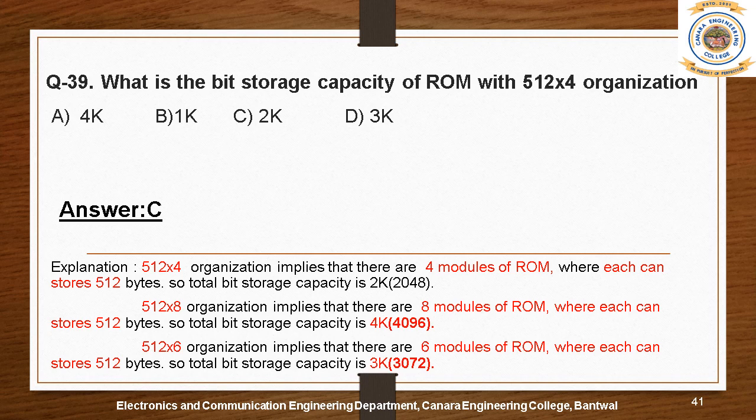So 512 bits into 4 will give you 2K, that is 2048. This represents 2048, that is 2K.